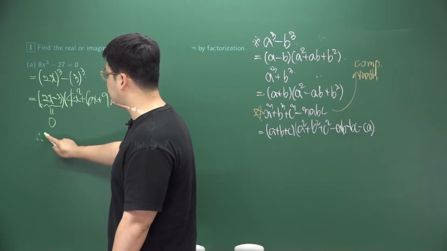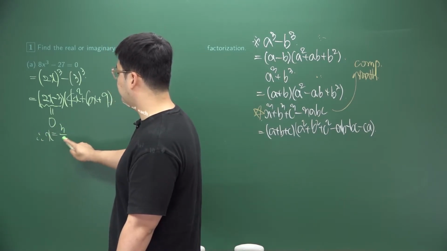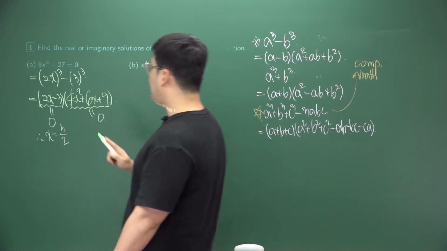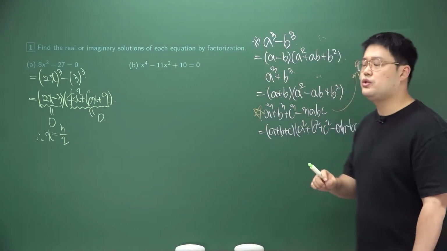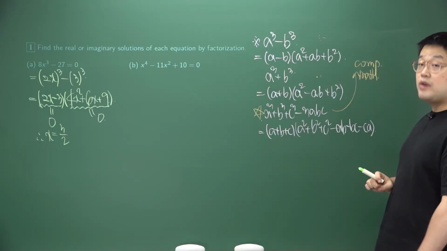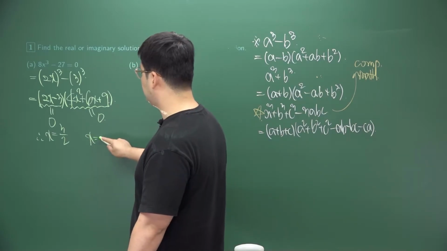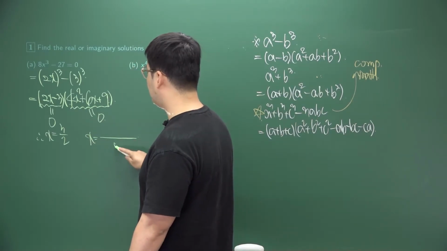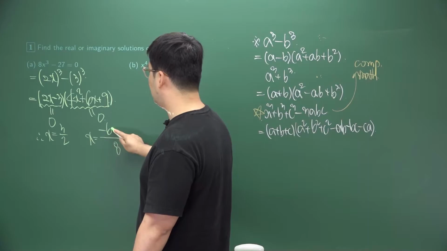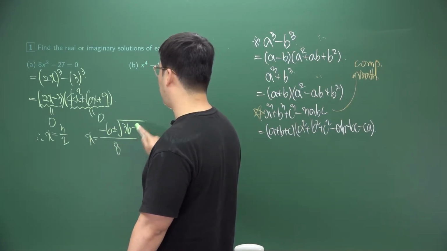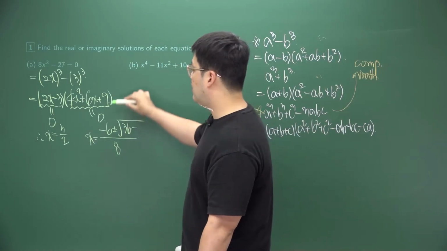We know that x is going to be 3 over 2, except the second parentheses tells us that we need to use the quadratic formula. So x equals negative b plus or minus the square root of b squared minus 4ac, all over 2a.